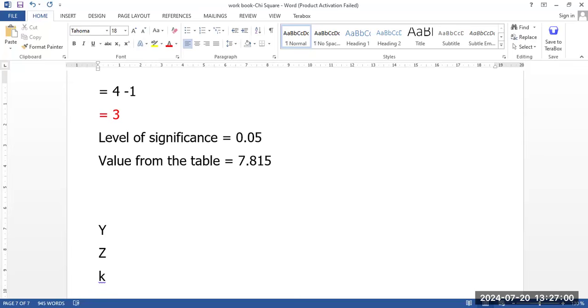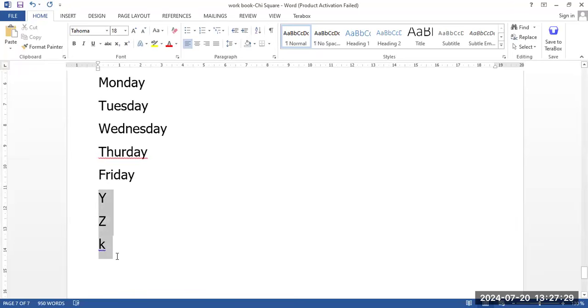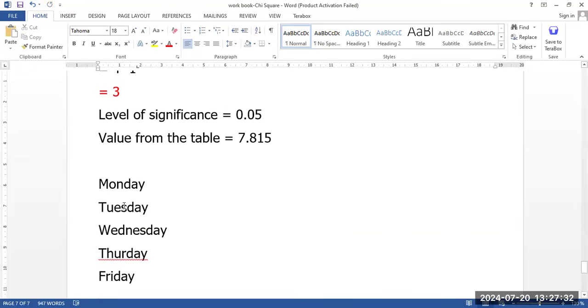They have given you data in terms of days, and this is Monday, Tuesday, Wednesday, then Thursday, and Friday. Let's say they give you this data.